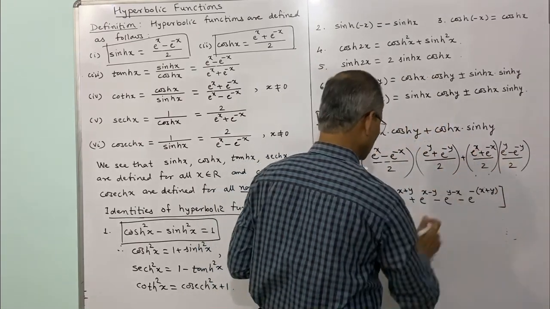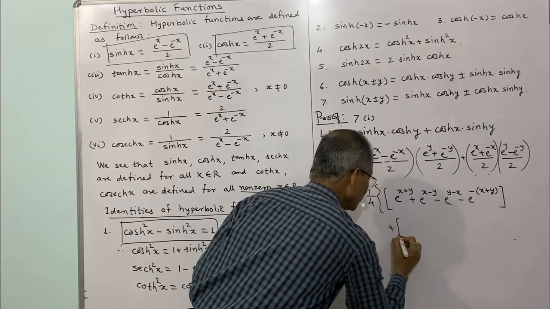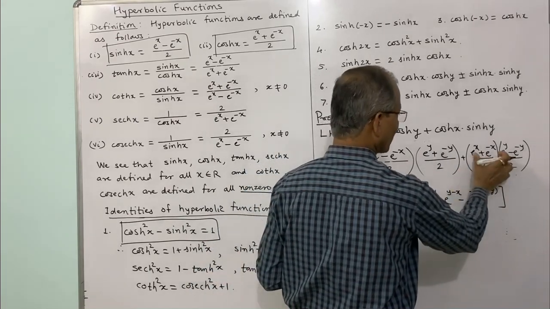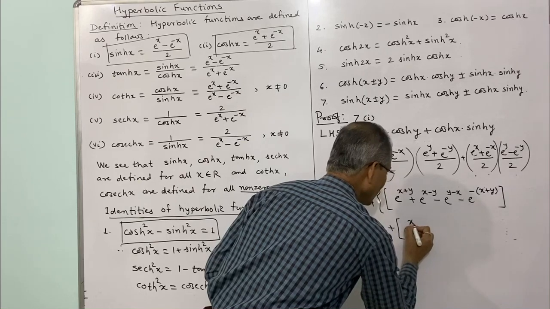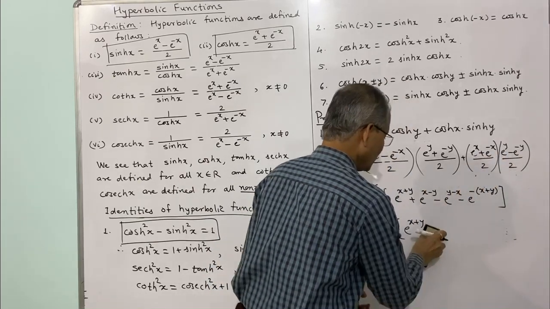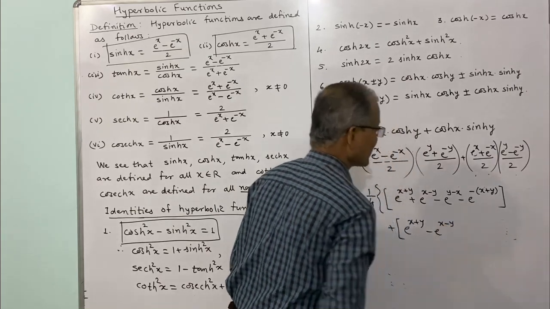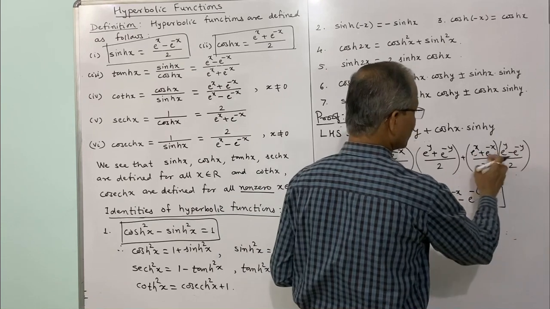Now for the product of the next two terms, there is a plus sign. So I shall write again in bracket, product of these two is e to the power x plus y. Next is minus e to the power x minus y, product of these two.